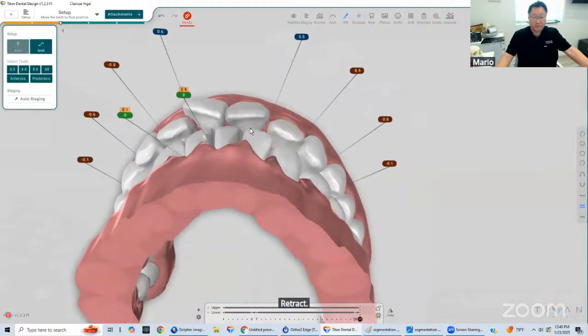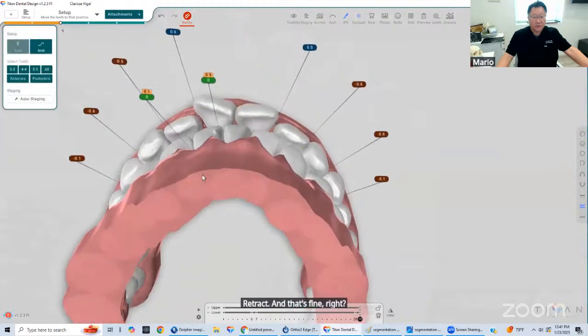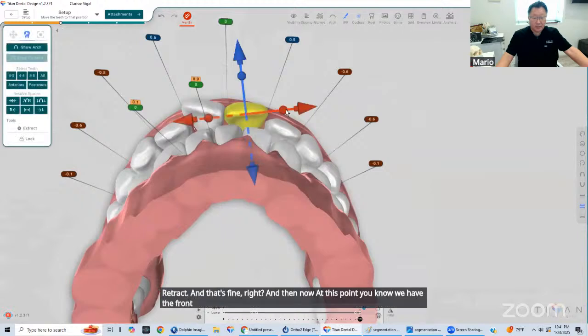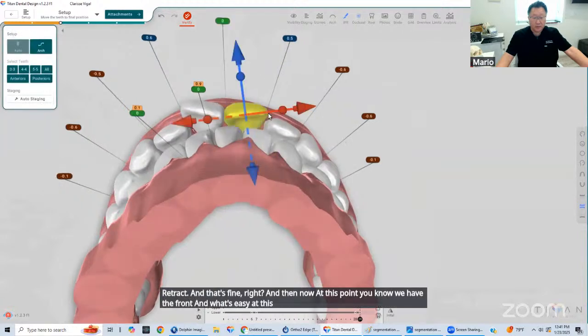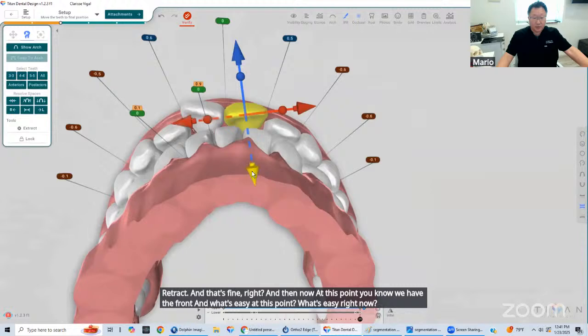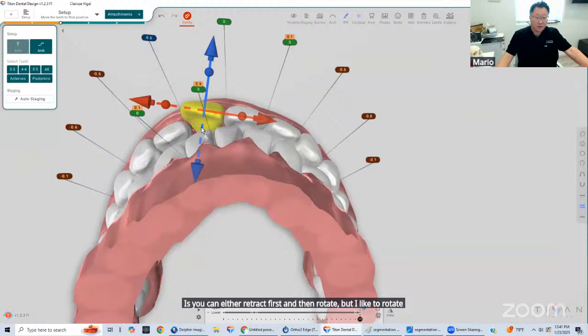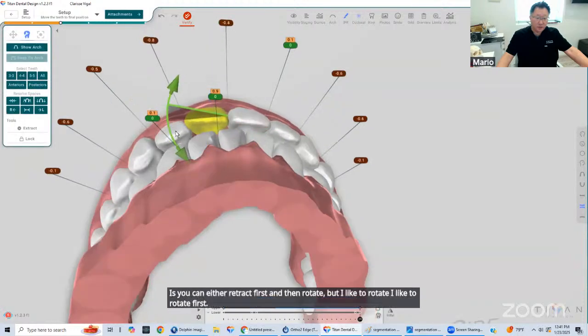And that's 5, right? And then at this point, we have the front. And what's easy at this point? What's easy right now is you can either retract first and then rotate, but I like to rotate first.